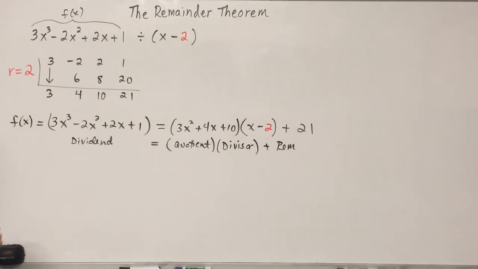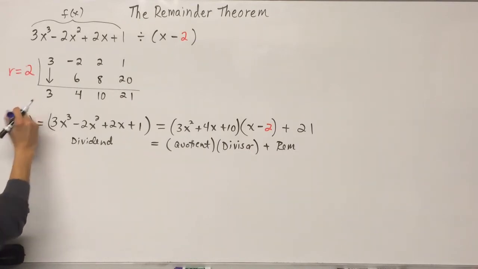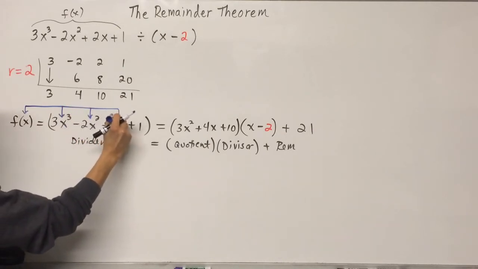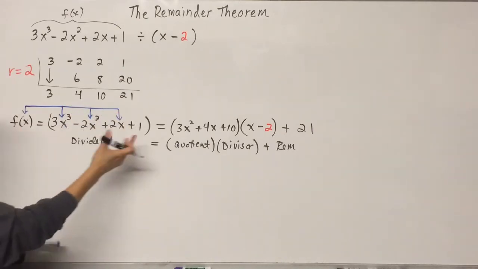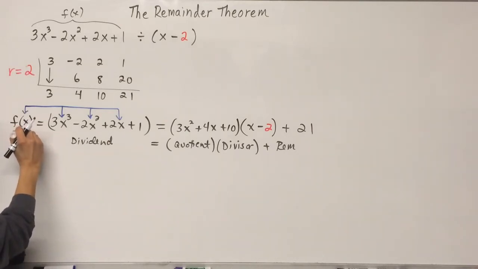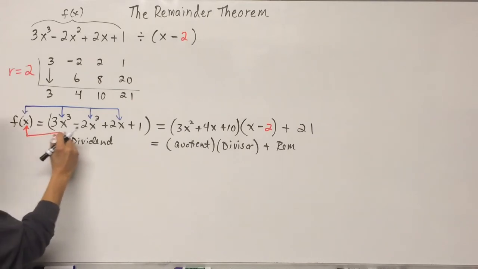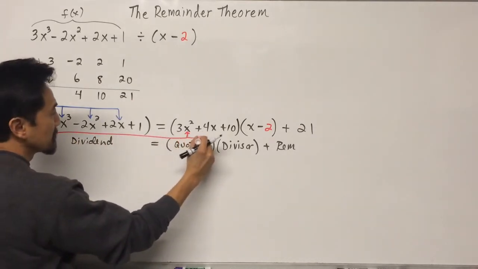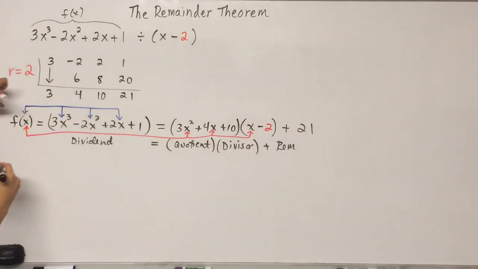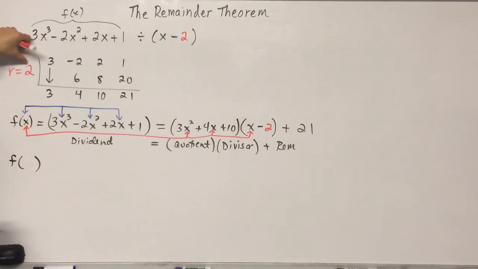Okay. Now, when you plug numbers into this function, we see that those numbers can go into here, okay, and we can get our outputs that way, but we can also plug in x's, and you can see that they could then go into here, and into there, and also into there, okay? So, look what happens if I take my function f, and I now plug in the r value, which was 2.